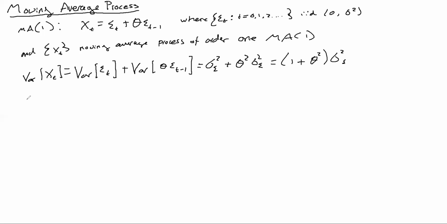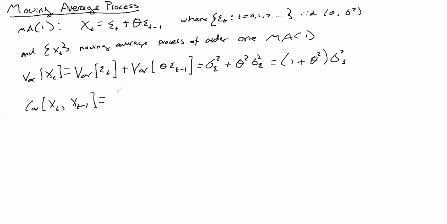So now let's calculate the covariance of xt and xt minus 1. You can simplify from all of this because the error term is IID, independent and identically distributed, with a mean of 0 and a constant variance, and there are no autocovariances.